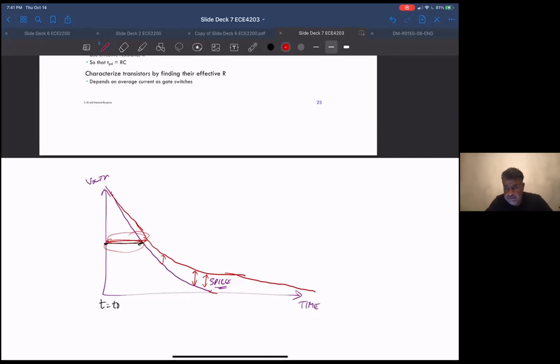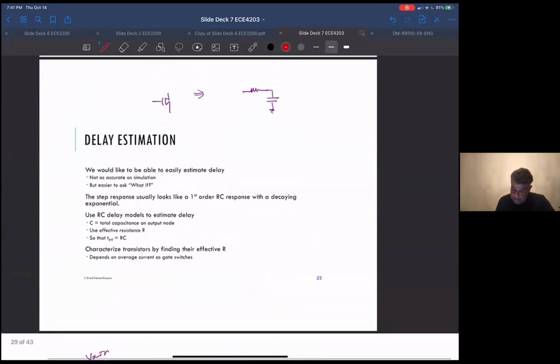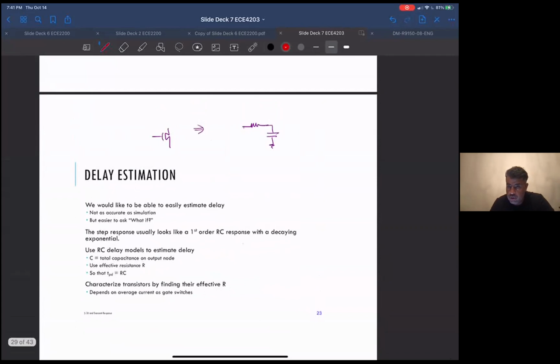Okay, so what does this look like? Say I've got VDD coming in here, and then I've got R sub n and C sub n, and you guys will see why.